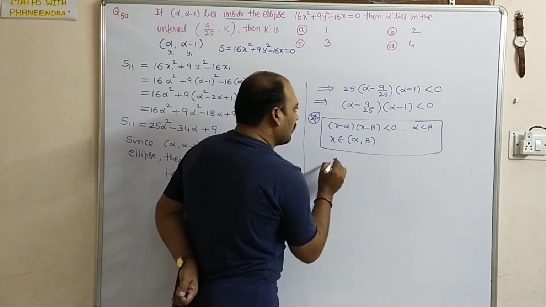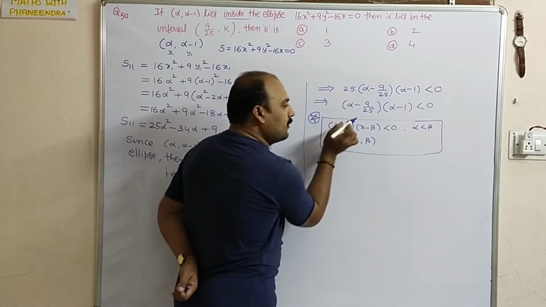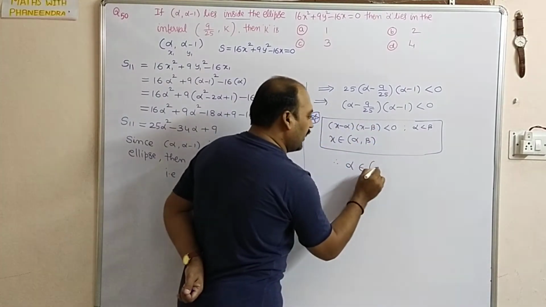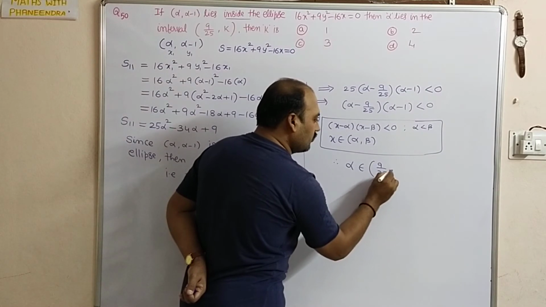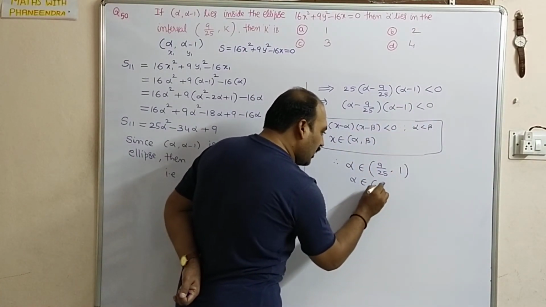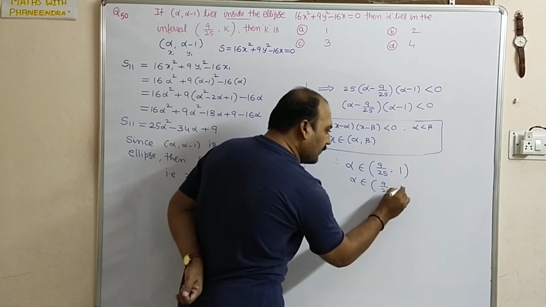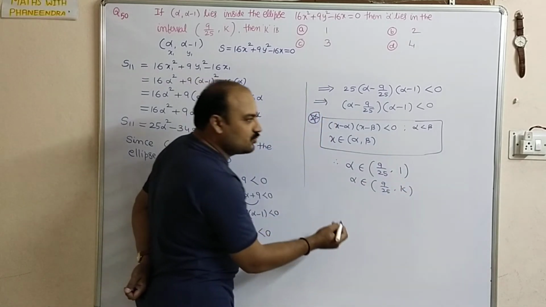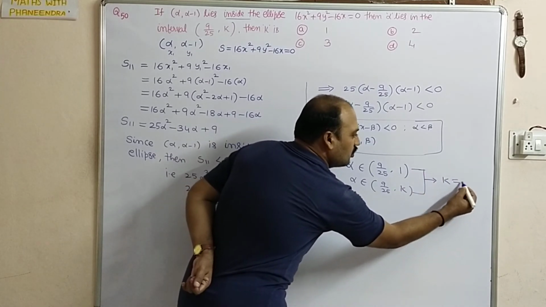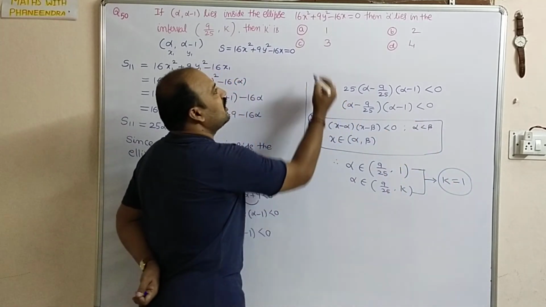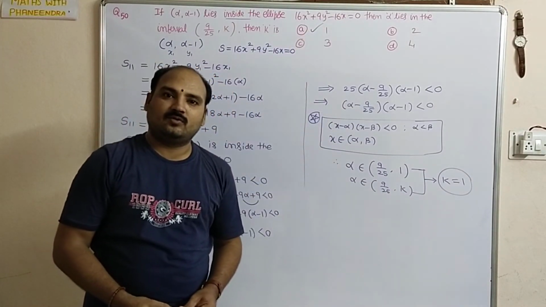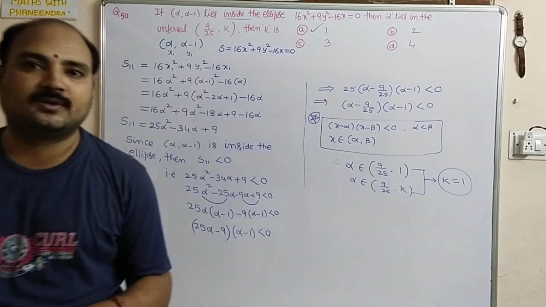So, according to this formula, in place of x, alpha is there. Therefore, alpha belongs to (9 by 25, beta value is 1). You have to compare with (9 by 25, k). So, by comparing, k is equal to 1. So, k value 1 is there in the first option. We will move to the next question.